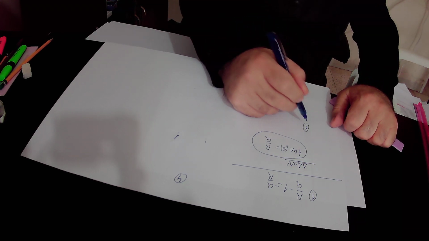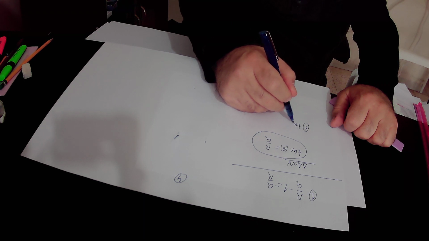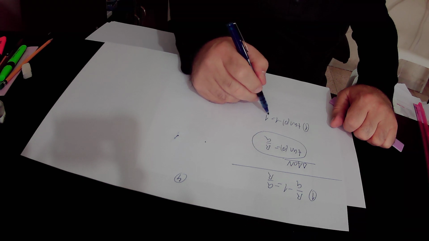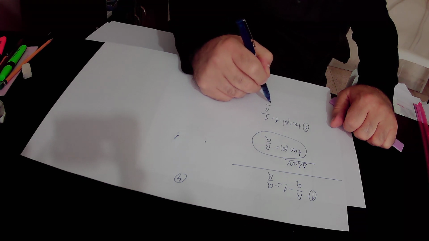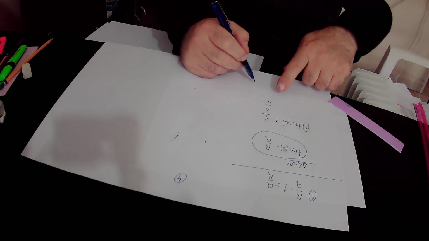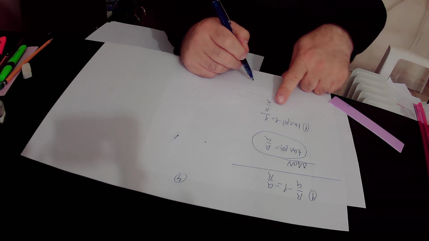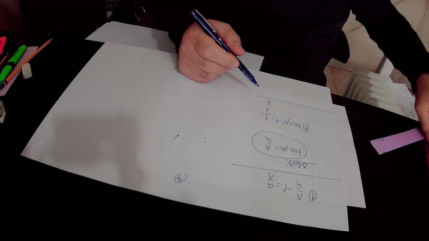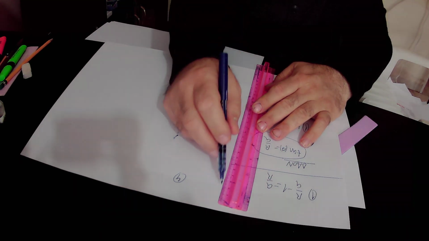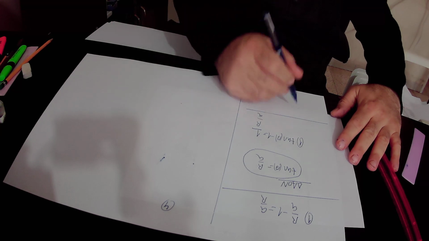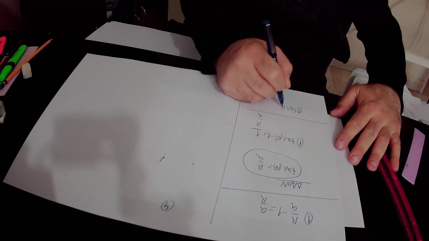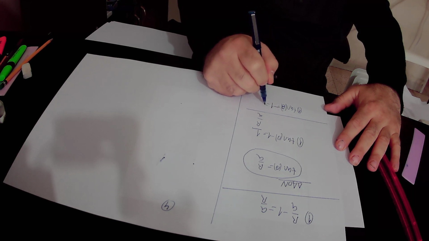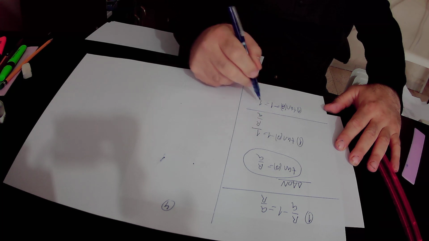We get tangent theta minus 1 equals A over R, but A over R is 1 over R over A. So tangent theta minus 1 equals 1 over tangent theta, since R over A is tangent theta.